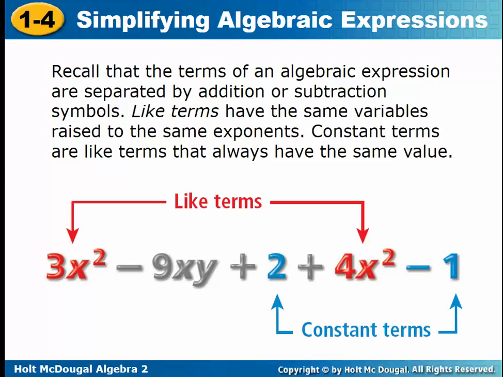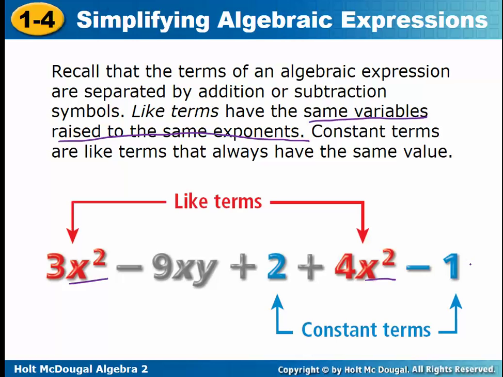In simplifying expressions, a lot of times what that means is combining like terms. Like terms have the same variables raised to the exact same exponents. So in this example, x squared, they're the same variable, x and x, and they have the same exponent.